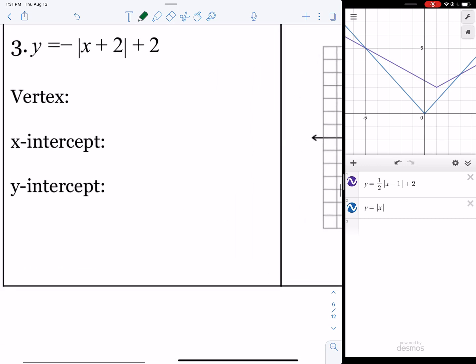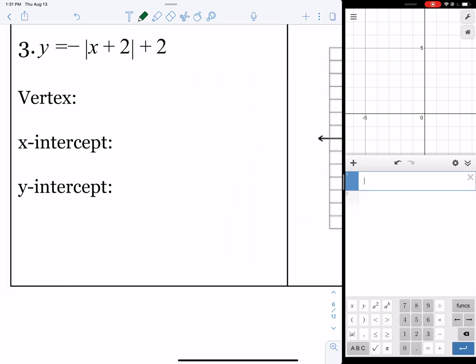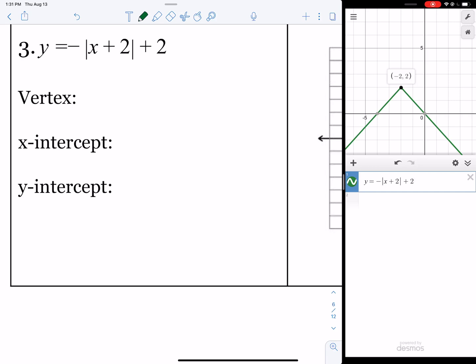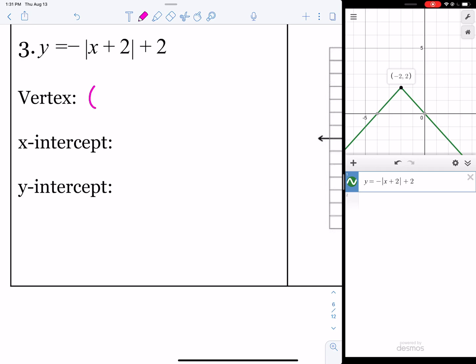Let's look at one more example. All right, so let's clear out what we've got typed in. Let's put y equals negative absolute value of x plus 2, plus 2. All right, so your vertex, again, is where your graph changes direction. It goes from increasing to decreasing in this case.